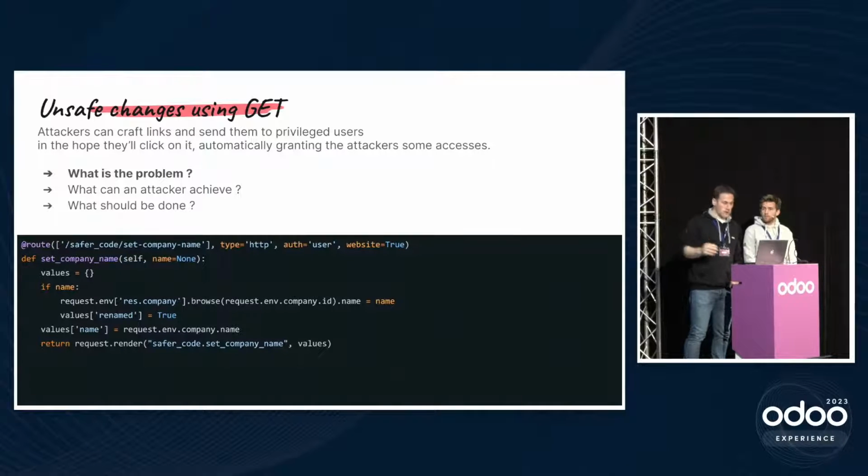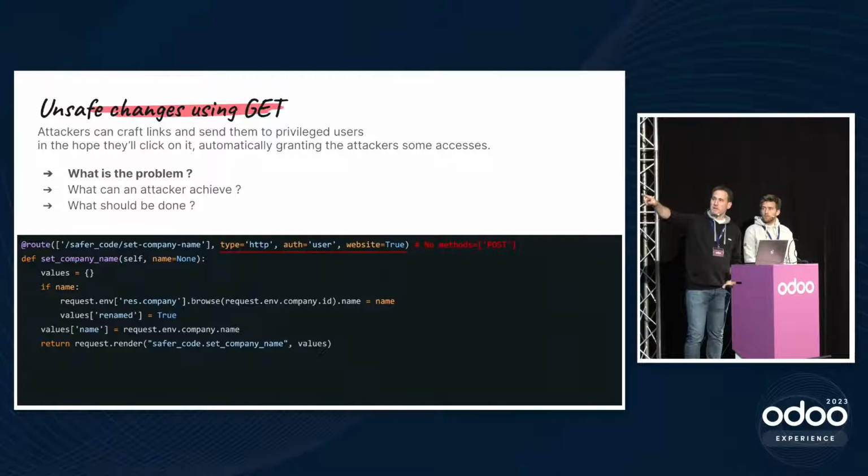The problem here, probably visible like this, is that the definition of the route doesn't restrict the method, the HTTP verb that is accessible, to post. If you don't do that, the framework by default exposes your route on both get and post methods.